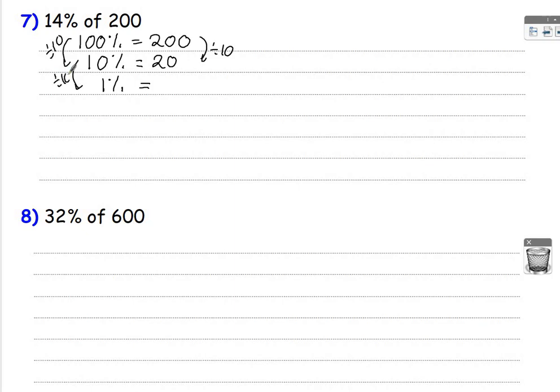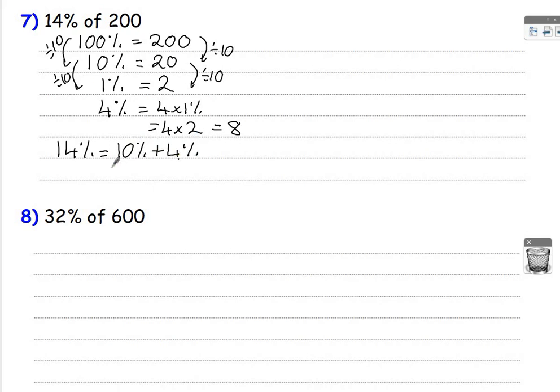So divide by 10 again to find 1%, which is going to be 2. 4% is 4 lots of 1%, so that's going to be 4 lots of 2, which is 8. So 4% is 8. 14%, how can I do that? That's 10%, add 4%. What was 10%? 20, add 4%, which was 8. So 14% of 200 is 28. So my answer is 28.